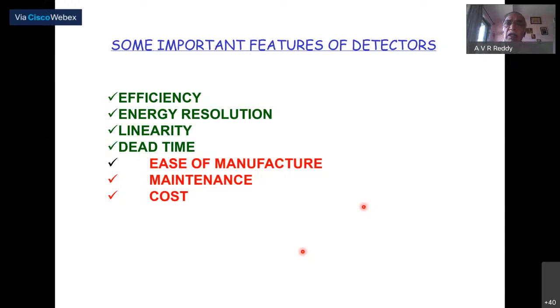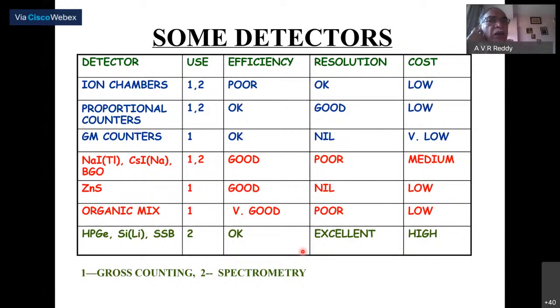Now, I have given some examples here, some names of the detectors, or classes of detectors, and I have given their use. One means gross counting, two means spectrometric utilization, and I have given the efficiency, resolution and price. Ion chambers can be used for both gross counting and spectrometric applications.